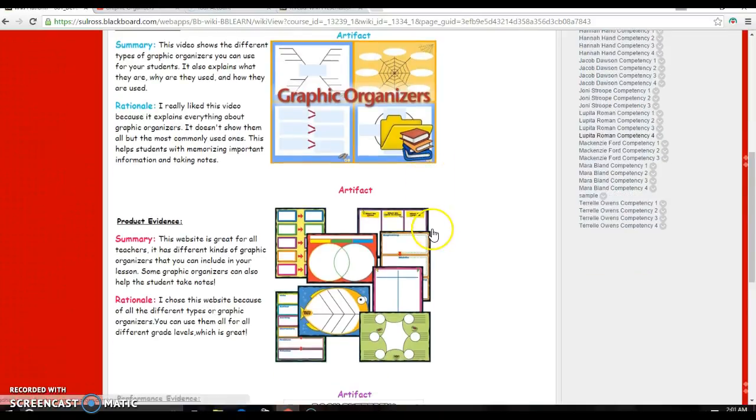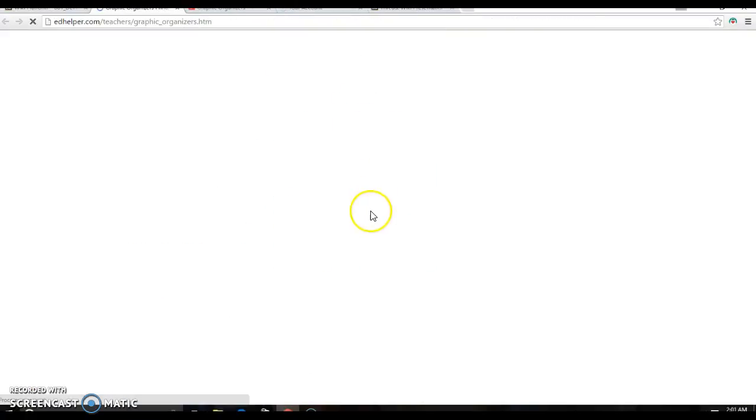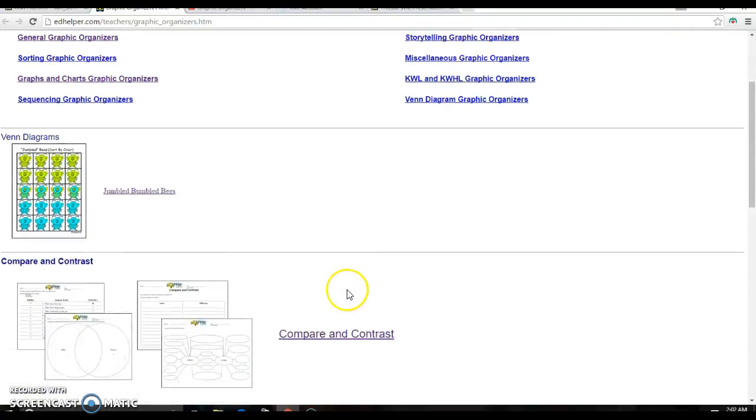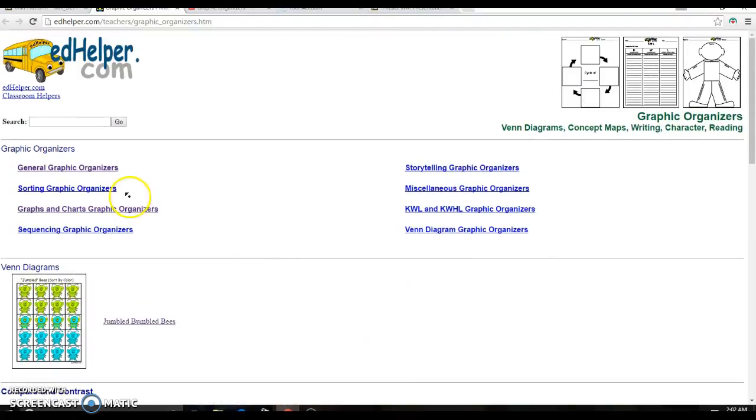Moving on to my product evidence, I will be clicking on my artifact. And this is a website basically showing general graphic organizers. It shows a lot of types of graphic organizers you can use as lesson plans.